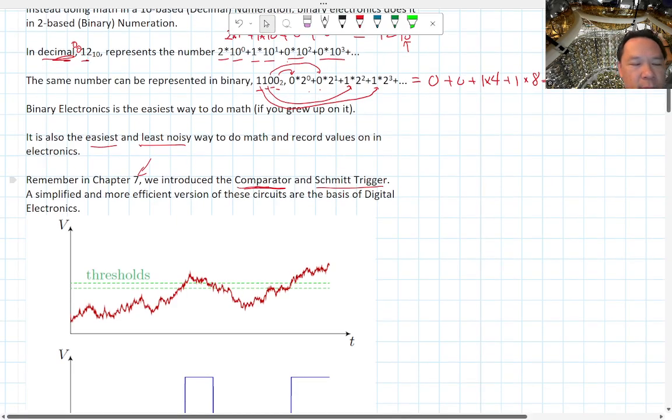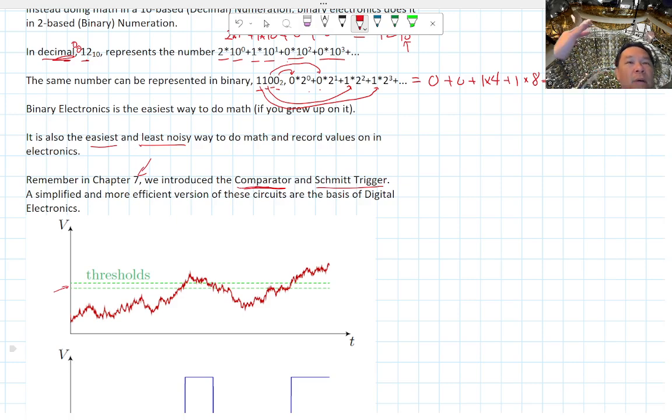Remember how those function: you have some threshold, and if the input is above it, you want the output to be true. If it's below the threshold, you want the output to be false, right?